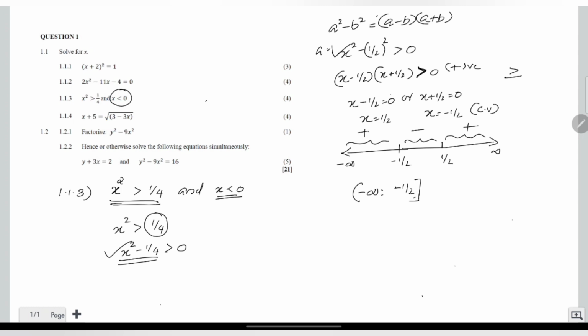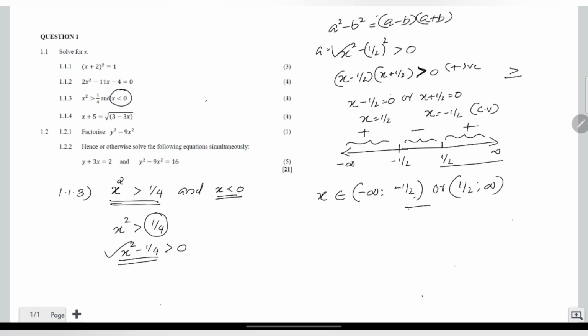But here we don't need that because there is no equal to sign with the inequality, so you have to put an open bracket. So all the x values starting from minus infinity up until minus half. Then one more section is there. What is it? Half to infinity. Again here also an open bracket. So we are done. These are the answers, isn't it?